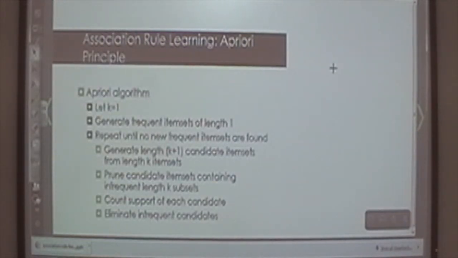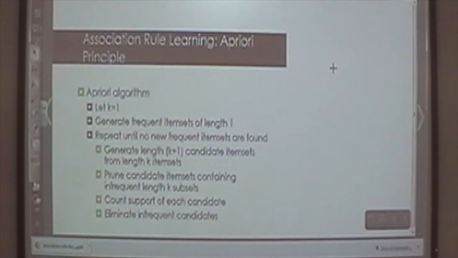Okay, so let's go to the actual algorithm. That's the basic idea, the first part here. We're going to start with k equals 1 and generate frequent item sets of length 1, the 1 item sets, like we just did.